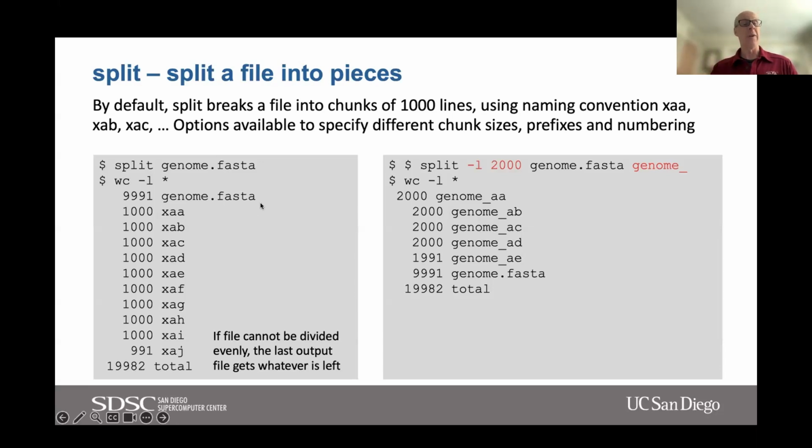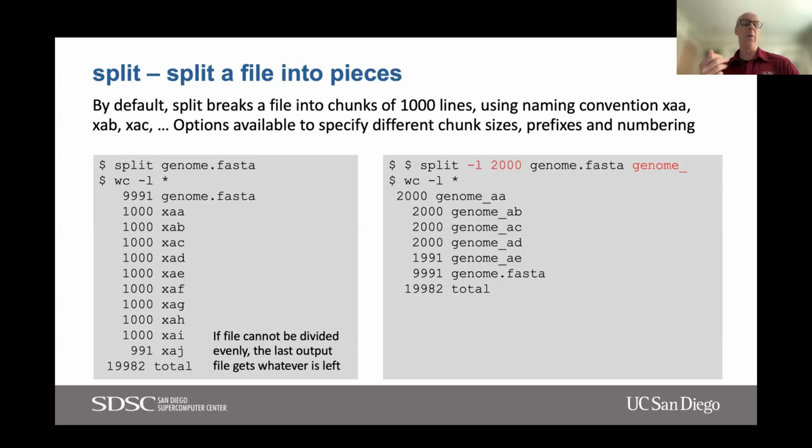So we started off with genome.fasta. It had 9,991 lines, and then the chunks that were generated, xaa, xab, xac, you'll see that they all contain 1,000 lines. And then finally we get down to xaj, and it contains 991 lines.